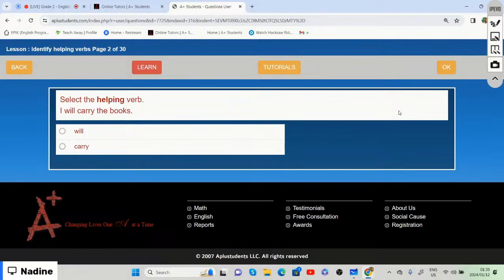So I will carry the books. We need to select the helping verb.